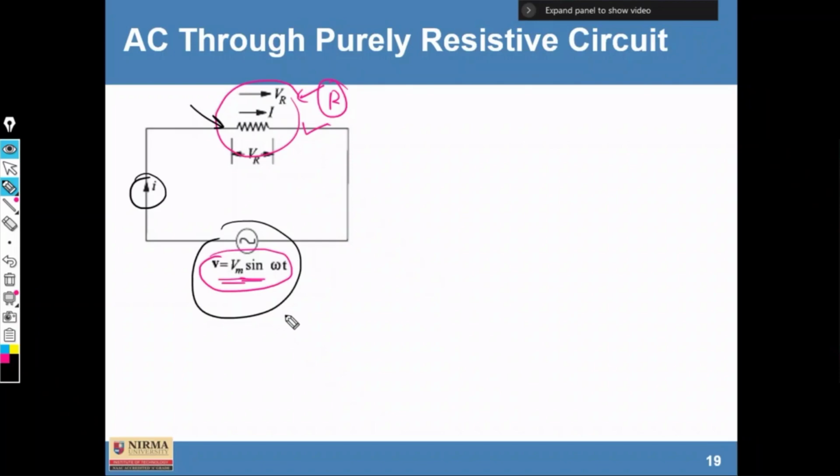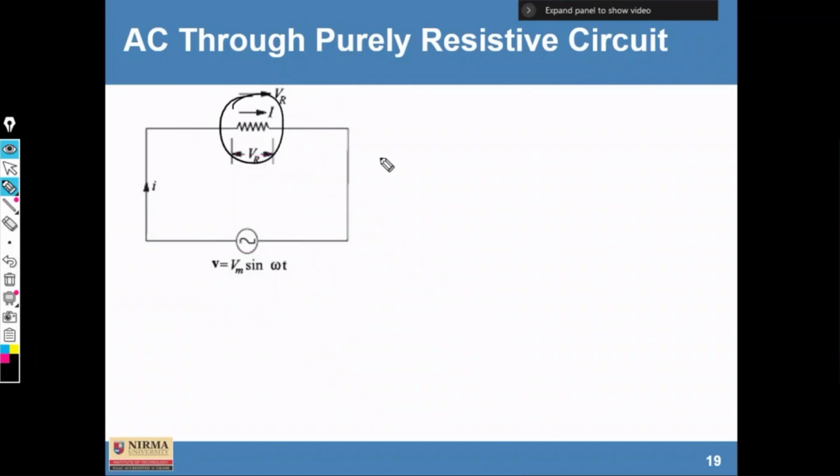And accordingly, we can find the equation of voltage which is applied to a series or parallel circuit, and we can find the equation of current, and finally the equation of power. Okay. Now we know that if the resistor is connected, we can directly apply Ohm's law, that is V is equal to IR. And we can find the equation of current here.